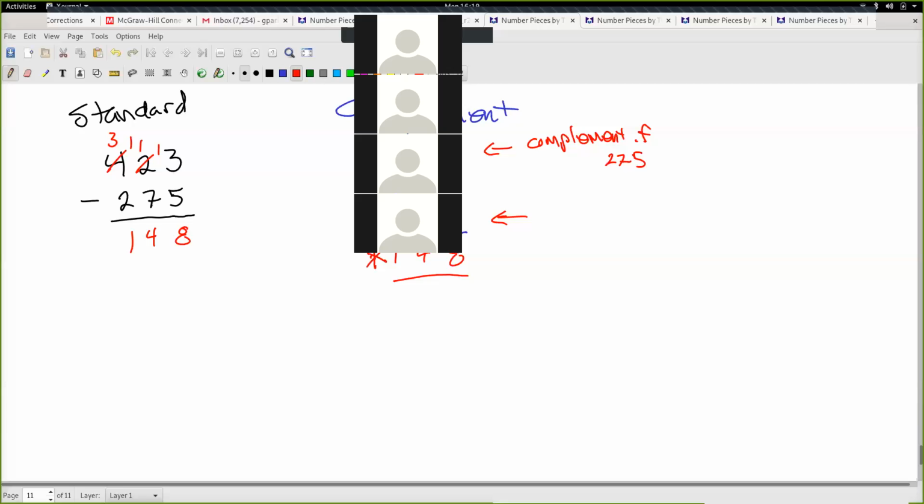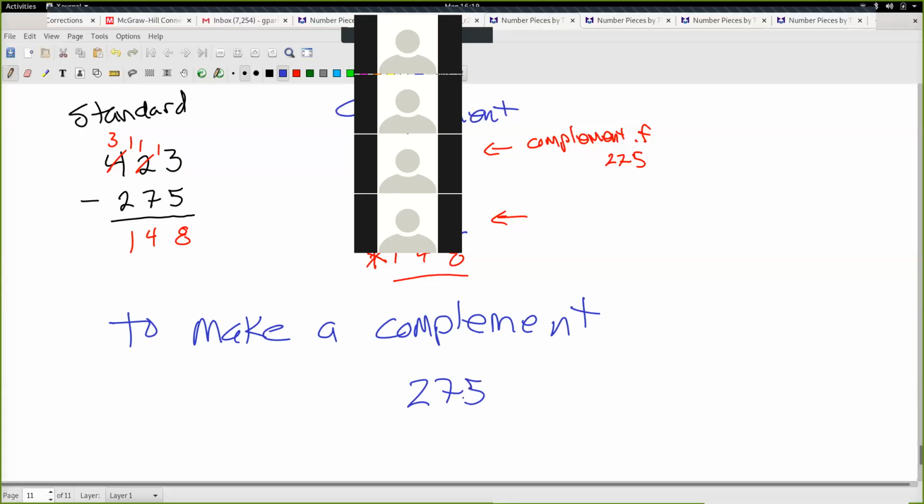So the trick on making a complement, so let me come down below, to make a complement. Complement is always the next highest place value. So I started with 275. And so the trick is for the ones column, we want to make a 10. So what would I add to 5 to make 10? I would add a 5.